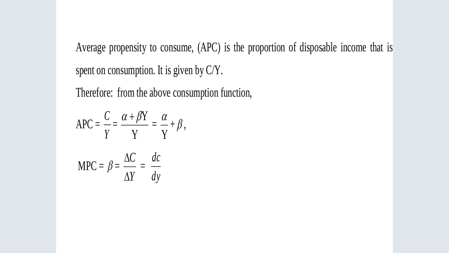So if you divide the consumption function by income, you get the average propensity to consume. That's what you get as the APC. Now the MPC is simply the change in consumption over the change in income. That is what we refer to as the MPC.